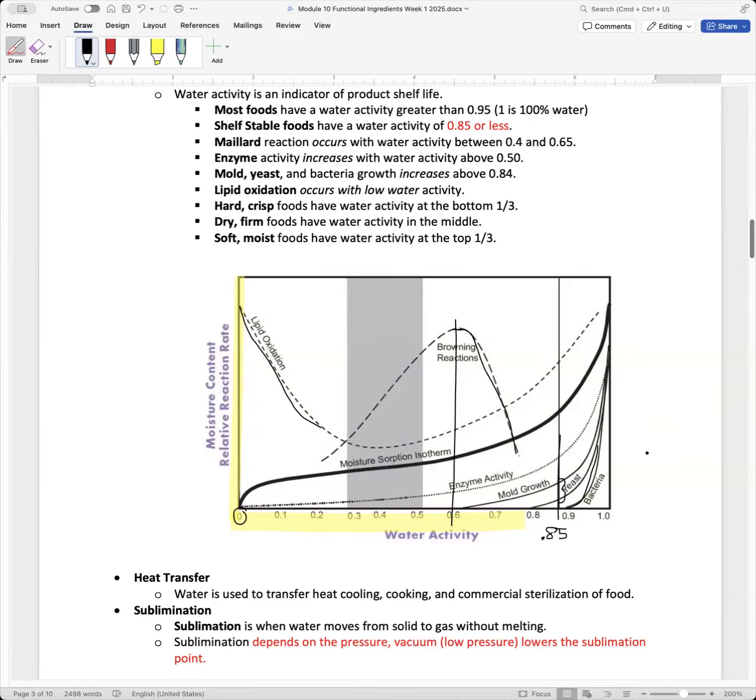So remember that when we're talking about water activity, we're not talking about total water, because water activity can be affected by a lot of different things, like the amount of salt in the food, the amount of sugar in the food, which would bind the water and make it unavailable. And I'm always harping on, if we change our formulations and decrease the salt and sugar, then we have to realize that the water activity level is going to go up and our food may or may not be shelf stable any longer.